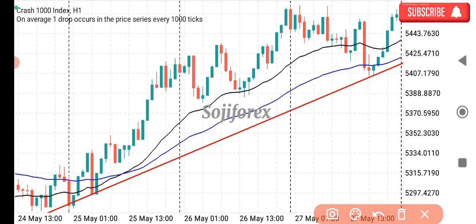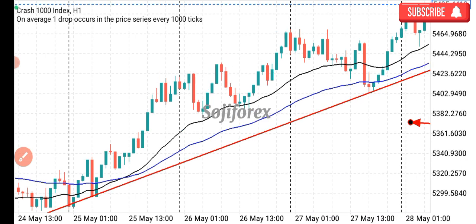And just as you can see here, after we have this cross, price moves here, and you can see now that price pulled back from here to this EMA. Because we are in a strong uptrend, price can pull back in two ways.